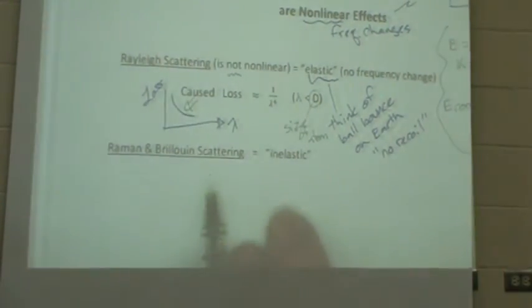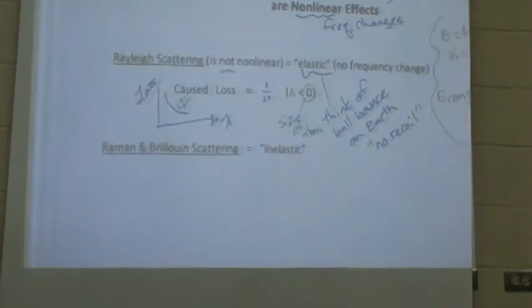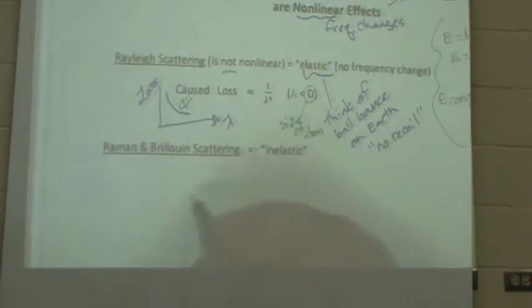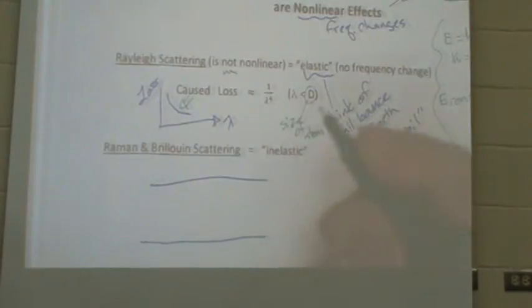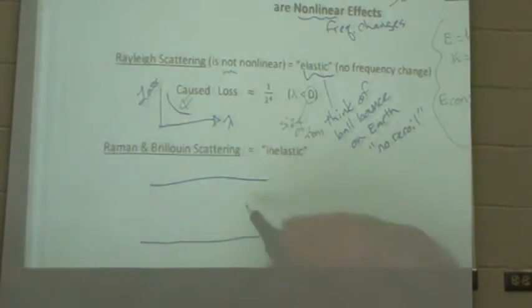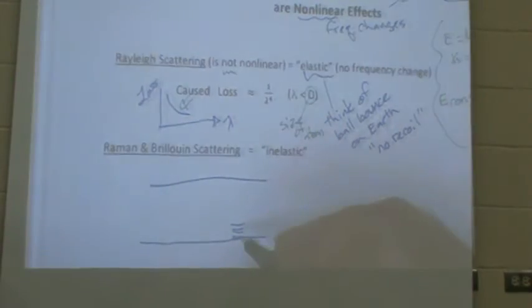Raman and Brillouin scattering are examples of inelastic scattering where there is a transfer of energy. So let's draw that energy diagram now. We saw these before, but rather than having a whole bunch of levels up there at the top, little spin flips, we have a whole bunch of energy levels down here that are caused by vibrations.